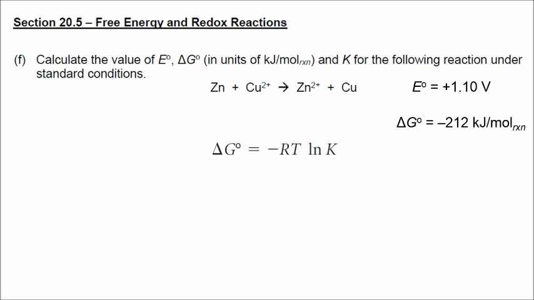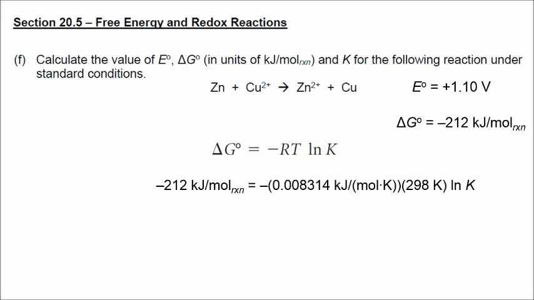Let's go ahead and use this equation. Let's solve for the value of the equilibrium constant K. We know it's going to be favored, so it's product favored. We have to use the particular value of R, which has joules attached to it. That's 8.314 joules per mole Kelvin.